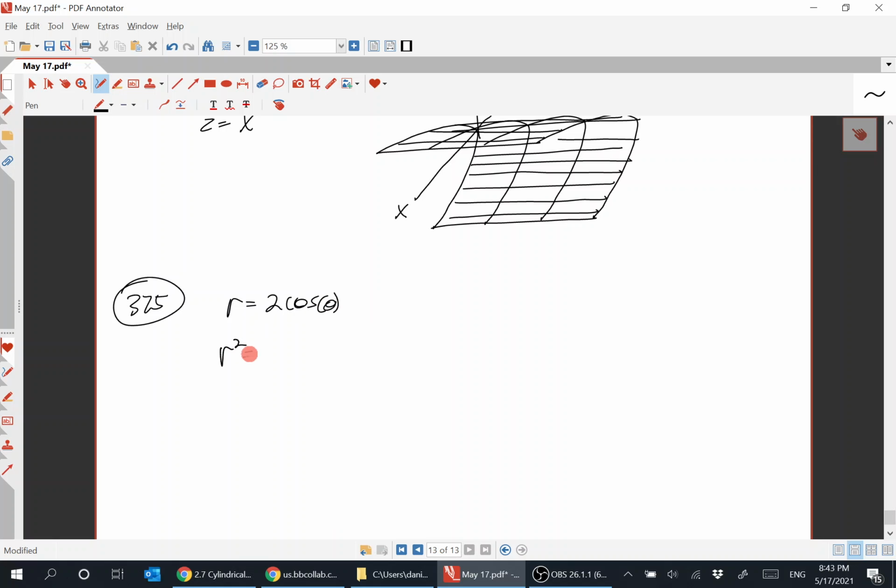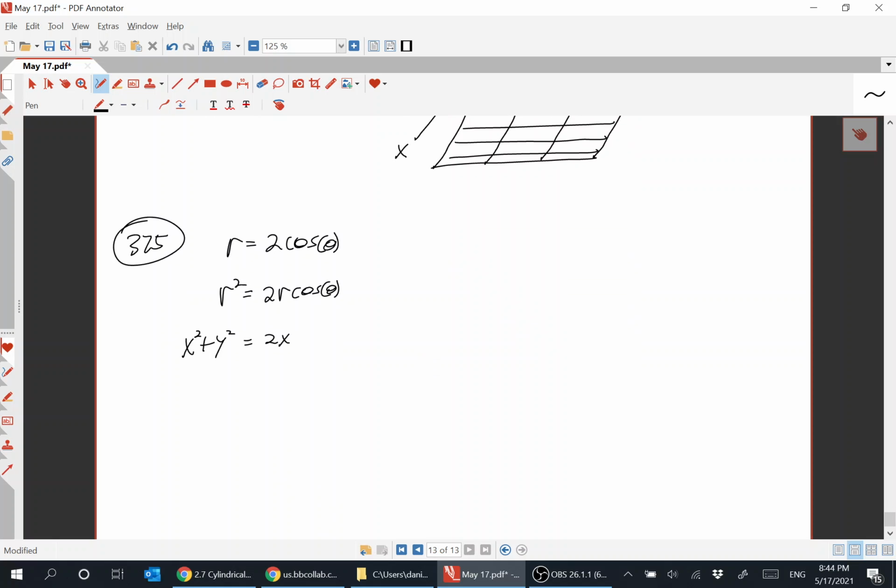So multiply both sides by r. So r squared is x squared plus y squared, and then this is 2x. All right, so that's a sort of non-obvious transformation, I guess. So you get x squared minus 2x plus y squared equals 0.